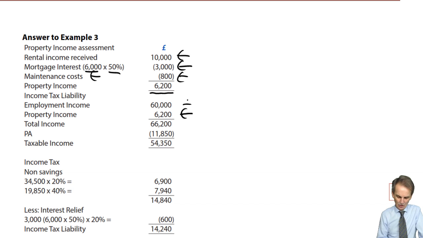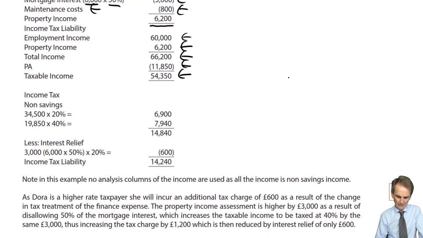Add that into your employment income to give you total and what is also your net income. No problem at that level of income with the personal allowance, it's fully deducted. Check out the numbers here, make sure I haven't made any computational errors, but we take it away and that should then equal taxable income of just over 54,000, 54,350 as you see there.